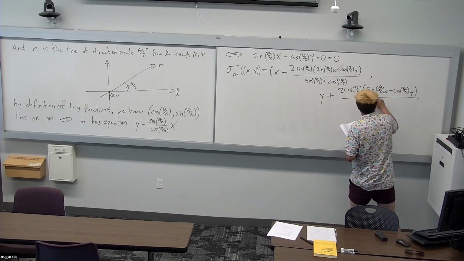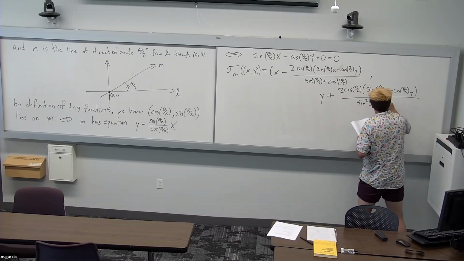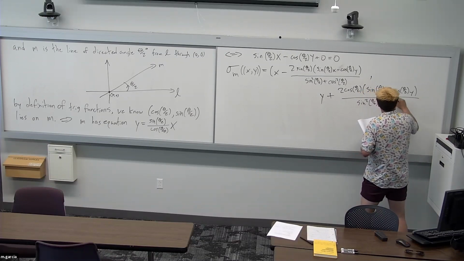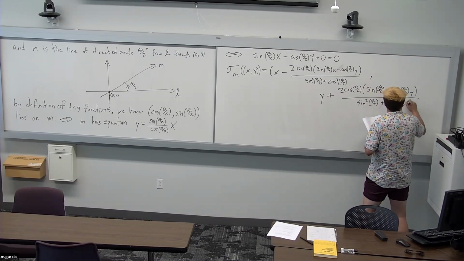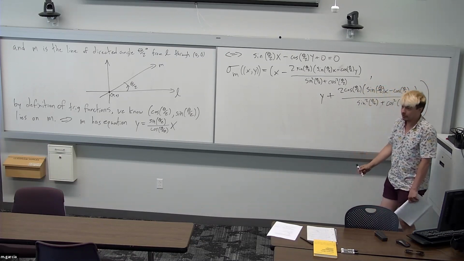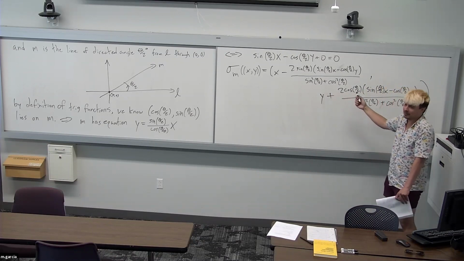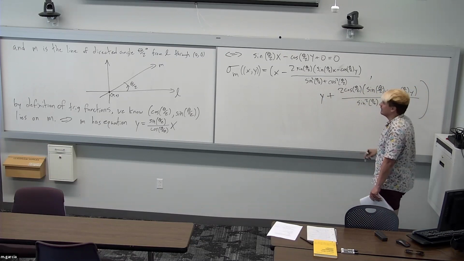sine squared of theta over 2 plus cosine squared of theta over 2. Okay, so first of all, sine squared plus cosine squared is 1, no matter what, as long as I have the same argument. Okay?